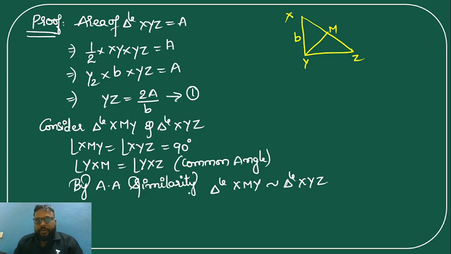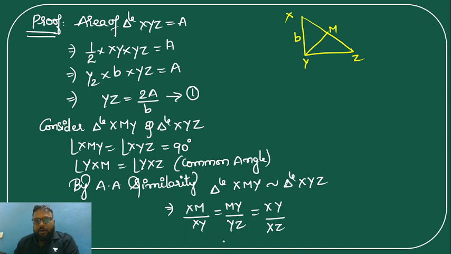So you got up to here. Now, when they are similar, the ratios of the sides are equal. So I can write it as XM by XY is equal to MY by YZ is equal to XY by XZ, right?